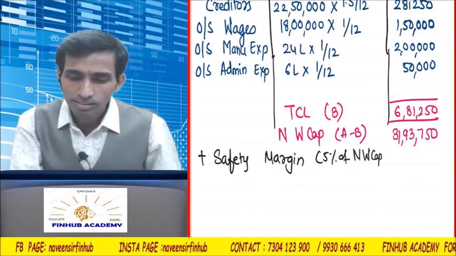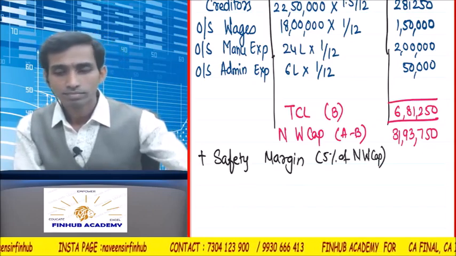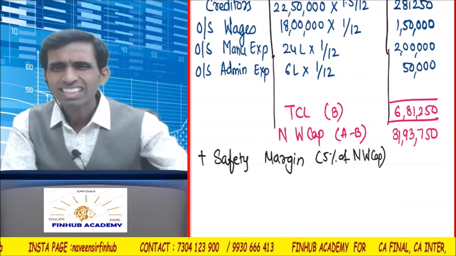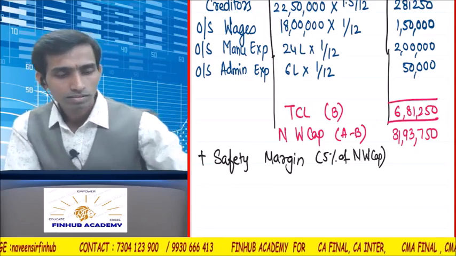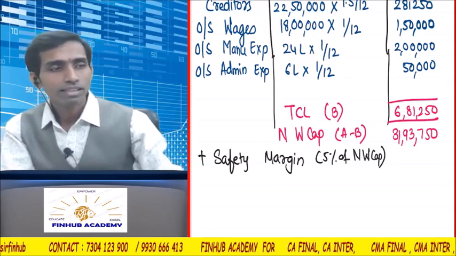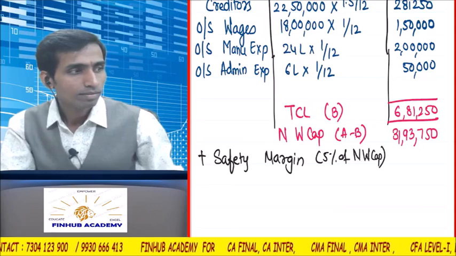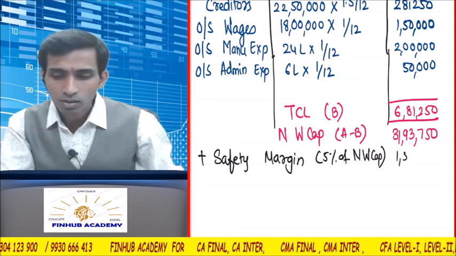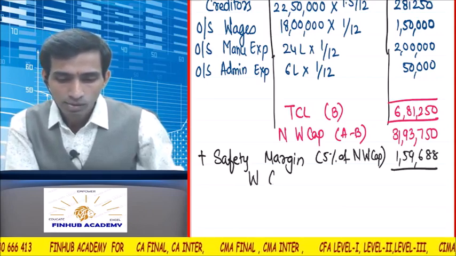Come on, tell me how much? 33 lakhs? How can it be 33 lakhs? I want the 5% figure. 5% is how much? 1,59,688. Correct?